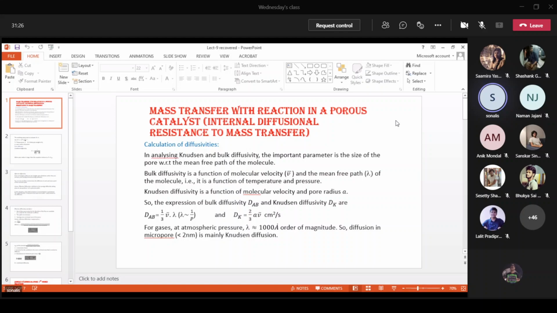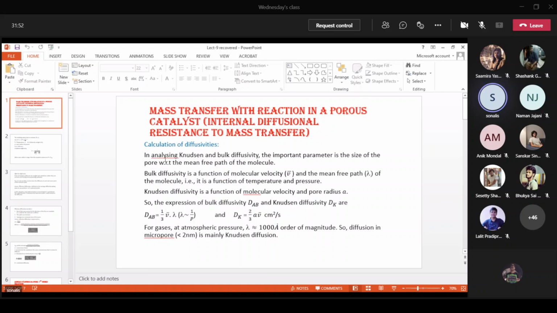Bulk diffusivity is the free gas diffusivity, coming from higher concentration to lower concentration in the bulk. So it is a different diffusivity than the Knudsen diffusivity. Knudsen diffusivity is diffusivity within the pore.